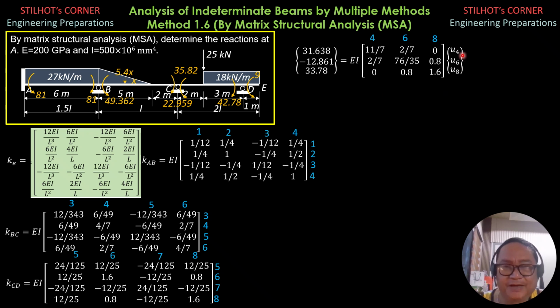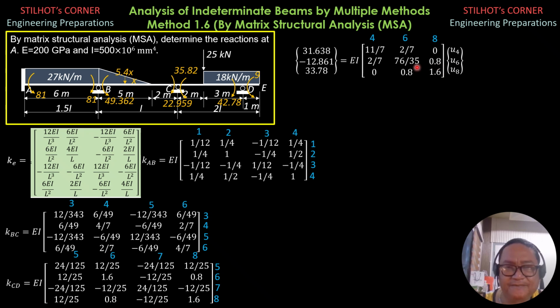And we have 4, 4: 1 plus 4 over 7, so that's 11 over 7. 4, 6: 2 over 7. 4, 8: there's none, so 0. Then copy 2 over 7, 0, because the global stiffness matrix is symmetric, as well as the elemental stiffness matrix.